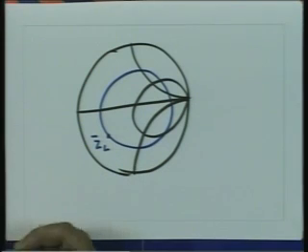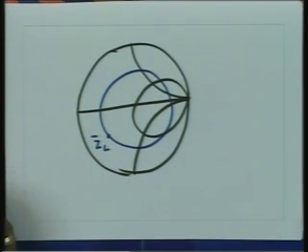Now, recall the VSWR is nothing but the ratio of the maximum impedance seen on the line divided by the characteristic impedance. We had derived it earlier.